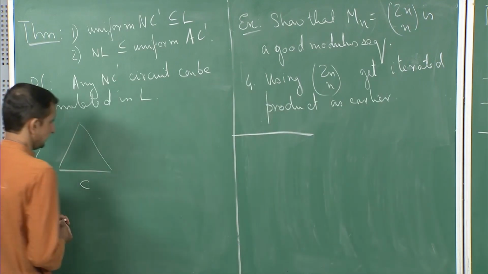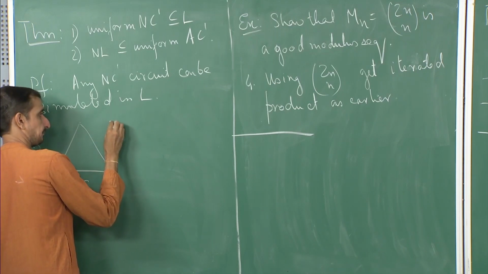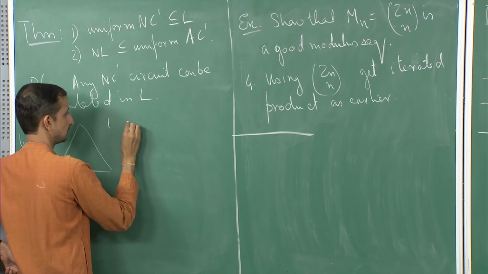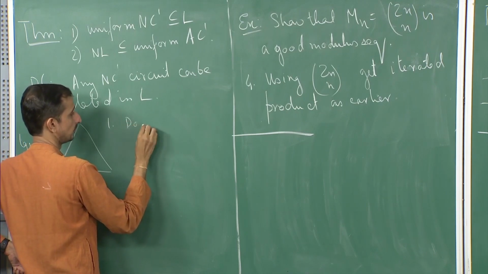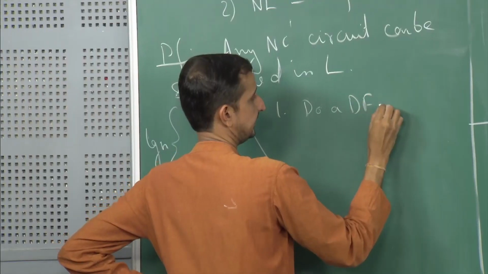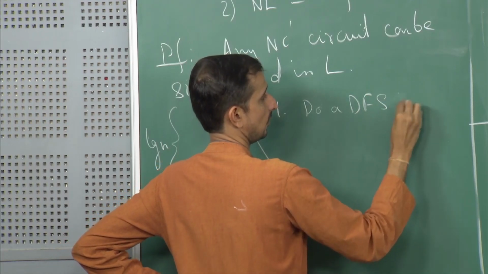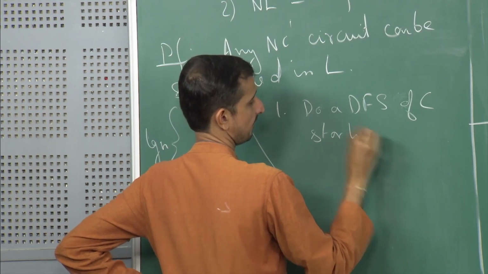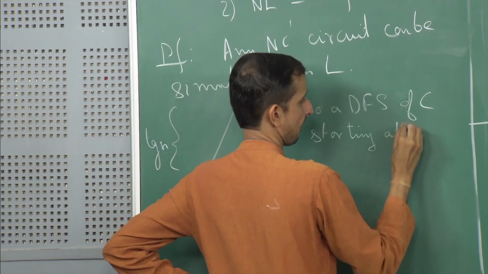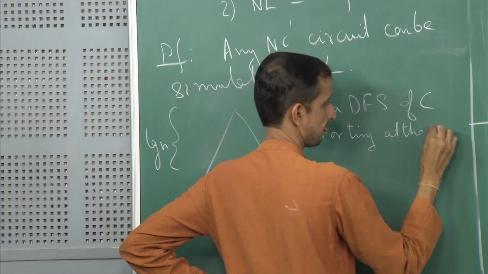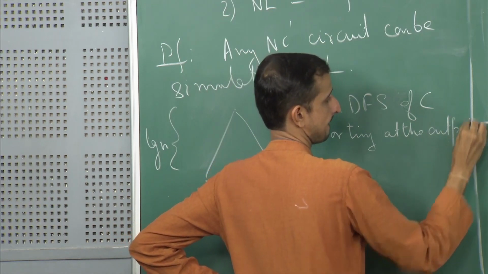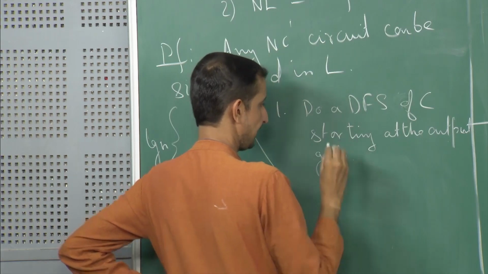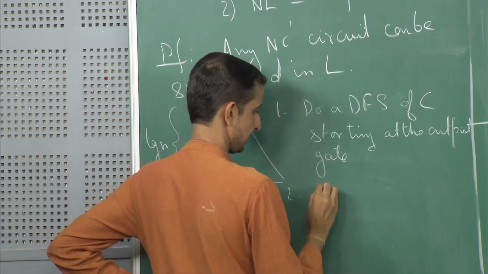Okay. So, let us look at the algorithm. The algorithm is, as I said, quite simple. Do a DFS of C starting at the output gate, and what do I do in the DFS?